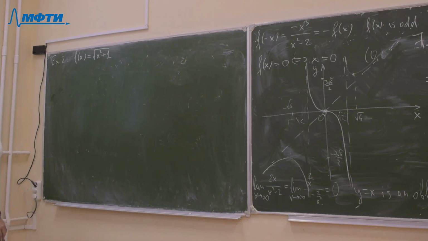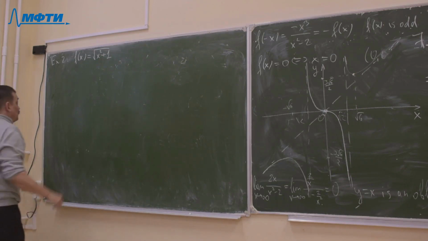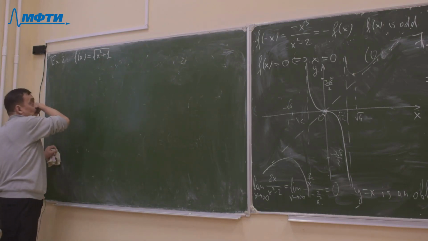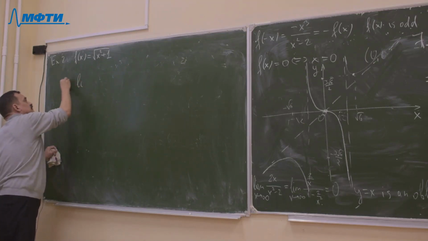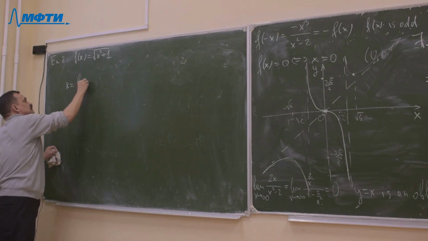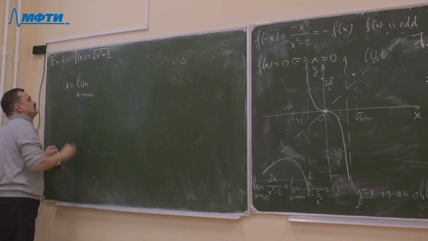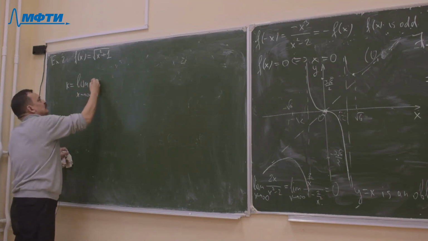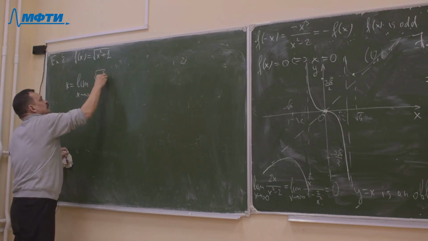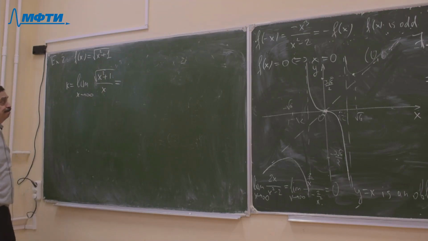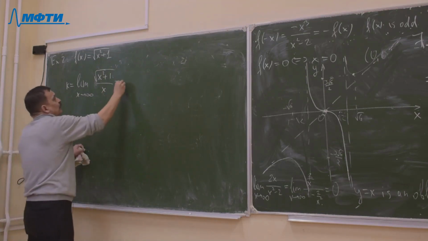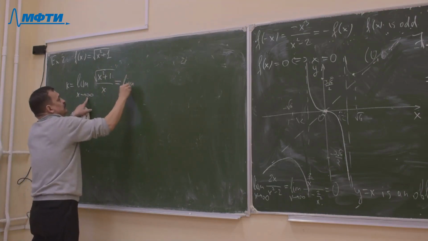So, look, what about the oblique asymptote? k equals the limit as x tends to infinity of square root of x squared plus 1 over x, right? So x tends to plus infinity.